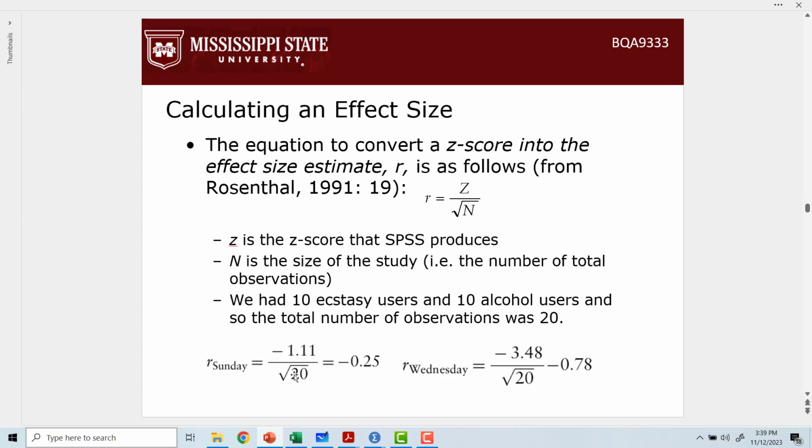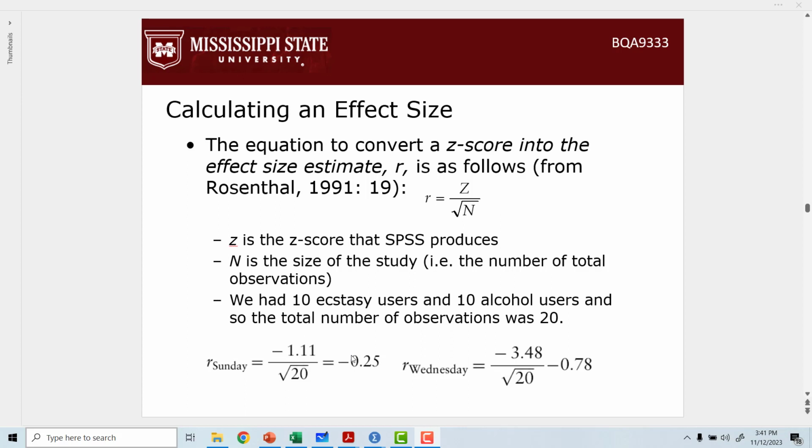We just take our z-score and divide by root n. In this case, we have a total of 20 users for the Wilcoxon rank sum test. So the z-score for Sunday is relatively low. So the effect size, which is the equivalent of the one sample Cohen's d, for Sunday is minus 0.25, which is quite small.